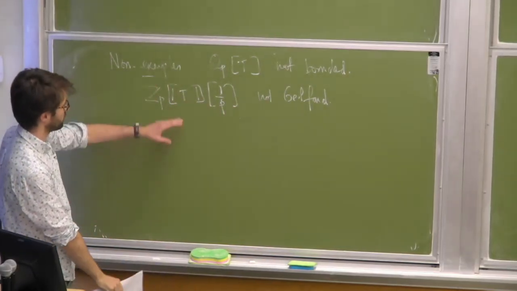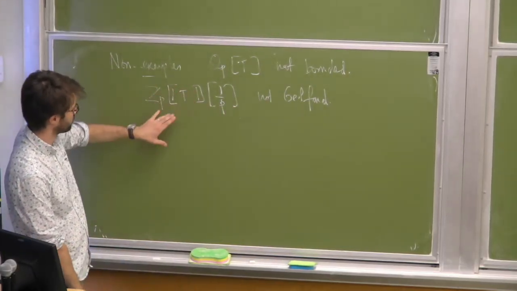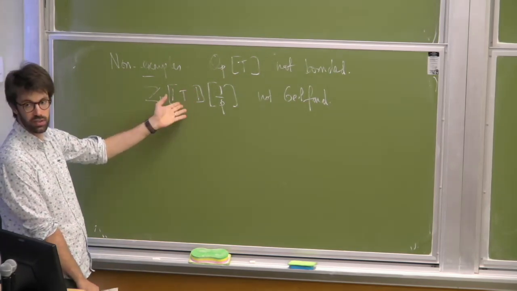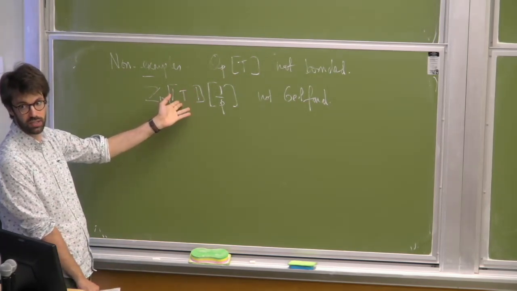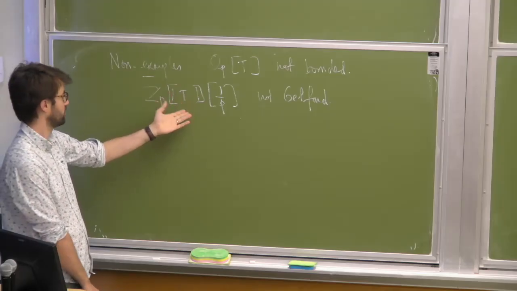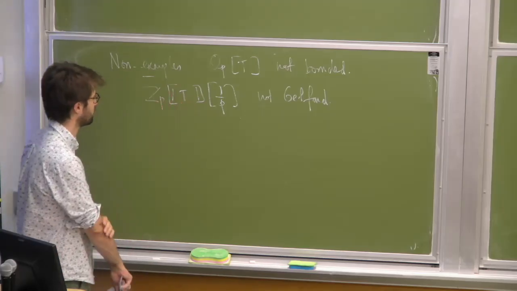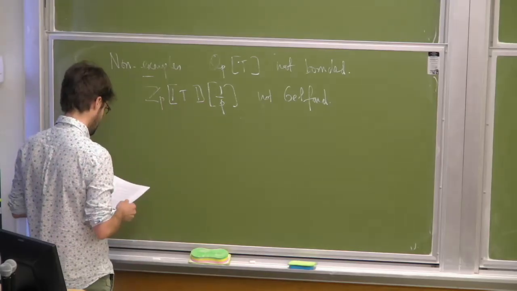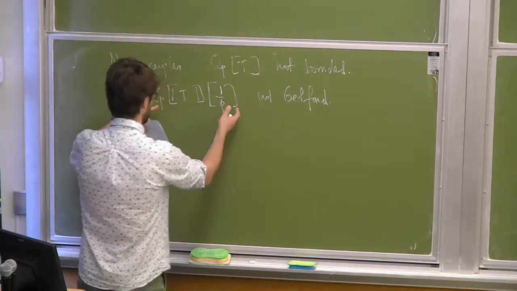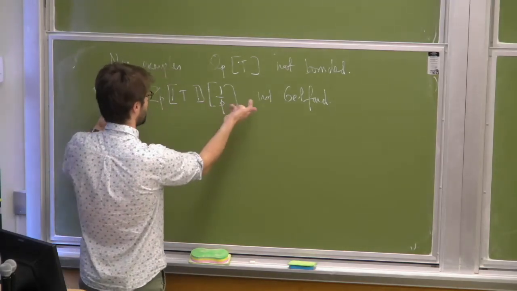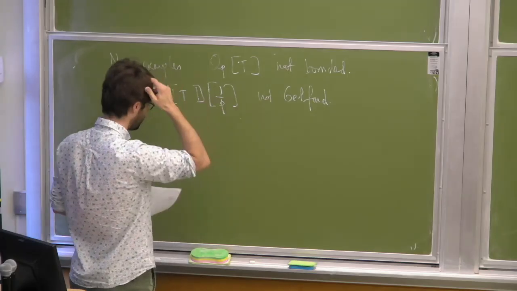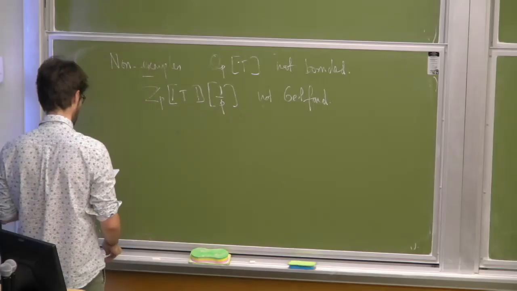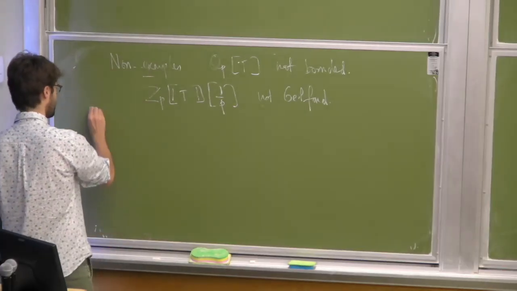The reason is that the power bounded part is just Cp[[T]], but when you mod out by p, it's Fp[[T]] with a p-adic topology, so this is not discrete. We will see that this is not an example which is allowed.